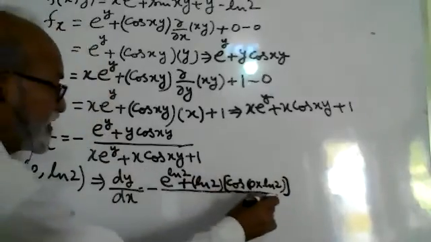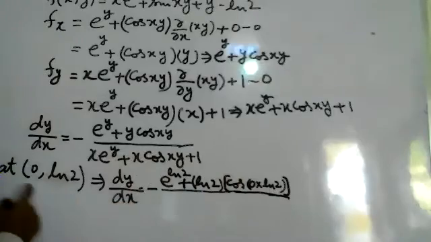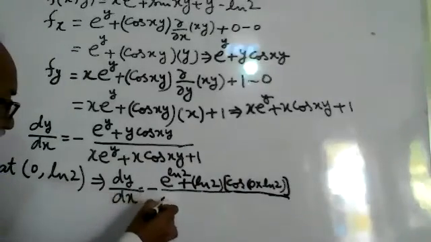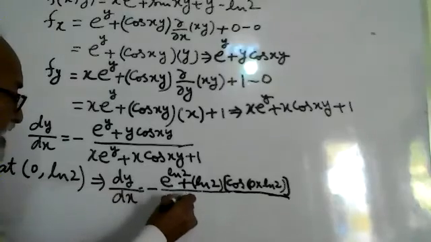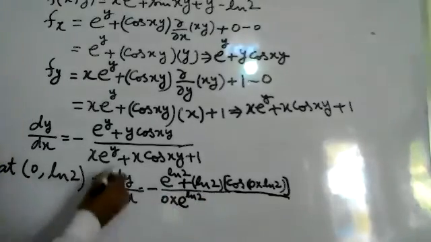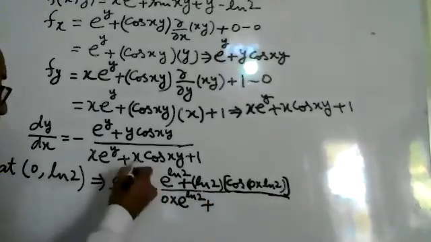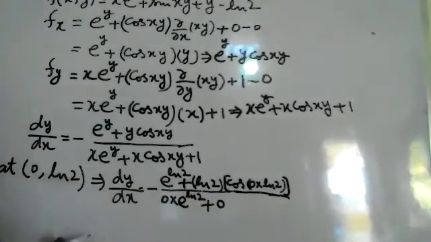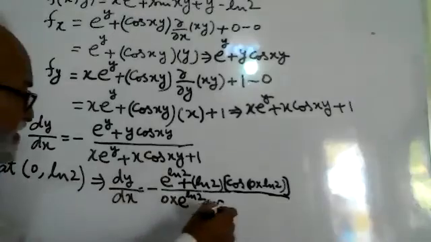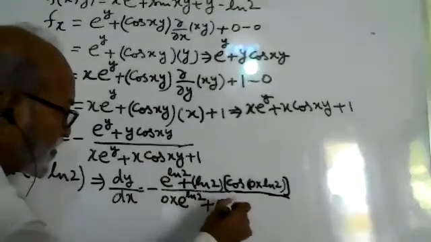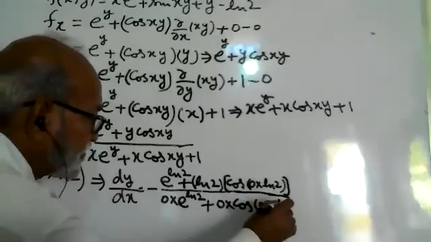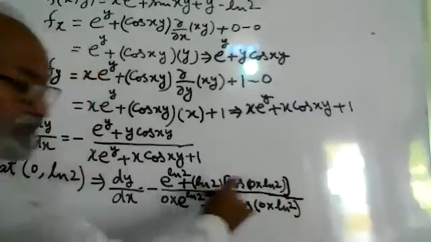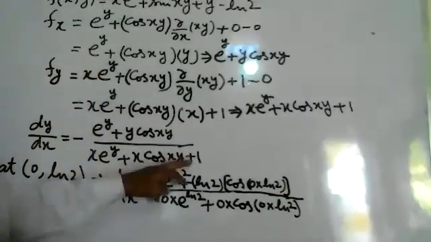So that is over. Now upon, x is 0 into e raised to power y, e raised to power ln2, plus x, x is again 0, into cos of xy, where x is 0 and y is ln2, then plus 1.